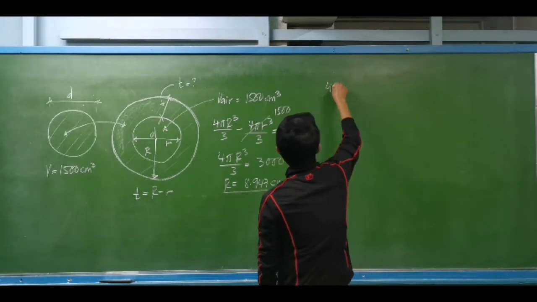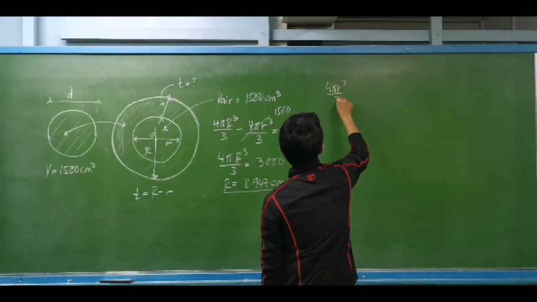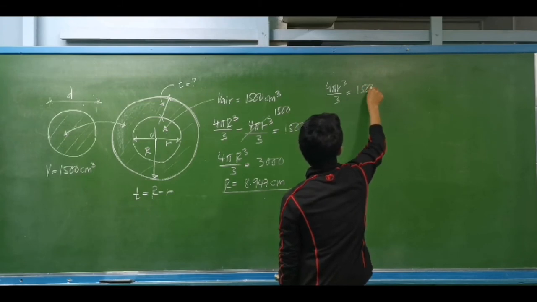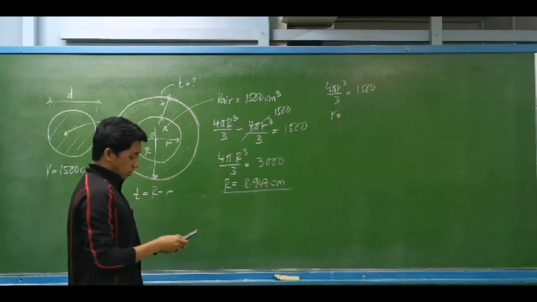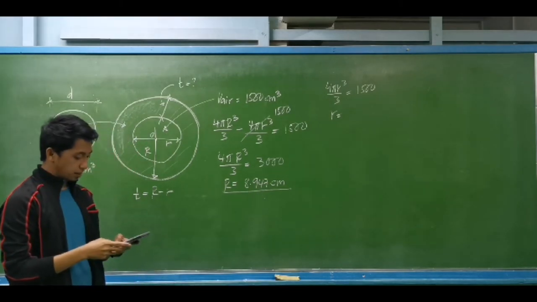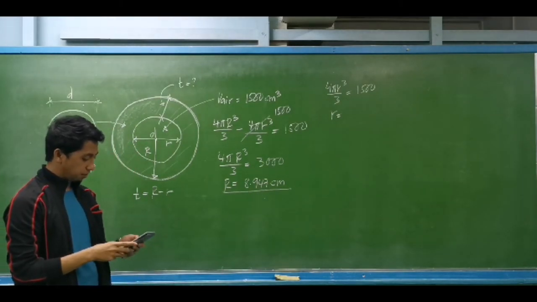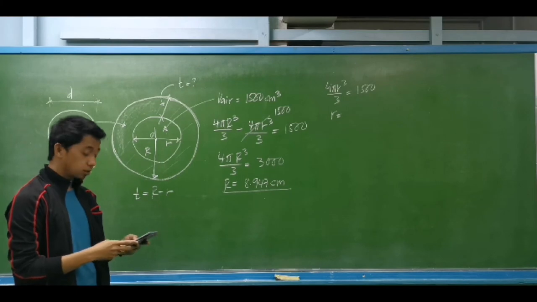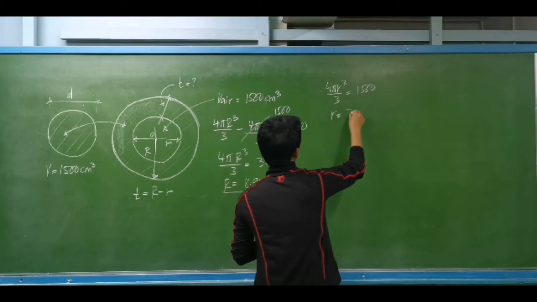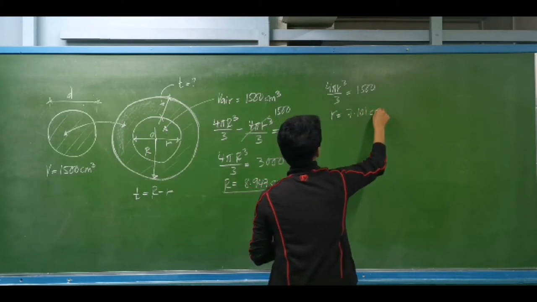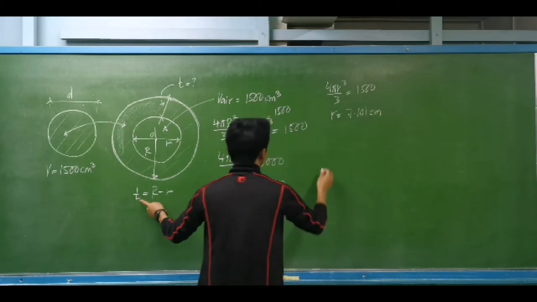that is the same as 4 pi r cubed divided by 3 is equal to 1,500. Yung small radius natin, so this is the same as 1,500 times 3 divided by 4 pi, then cube root raised to 1/3. So this is the same as 7.101 centimeters. So again, paano mo yung thickness?